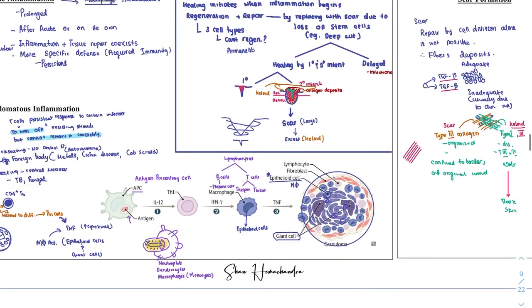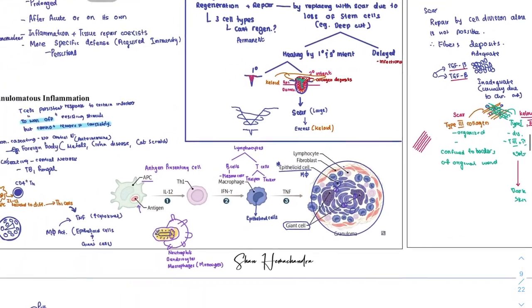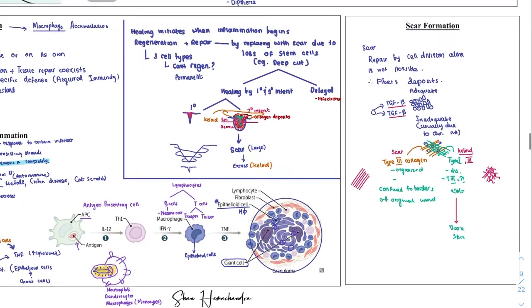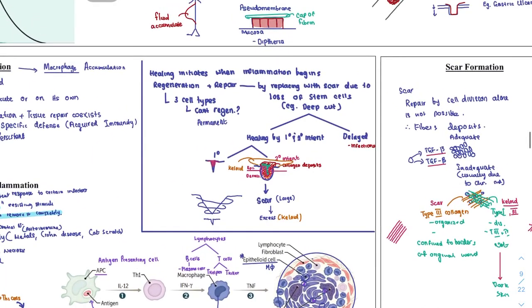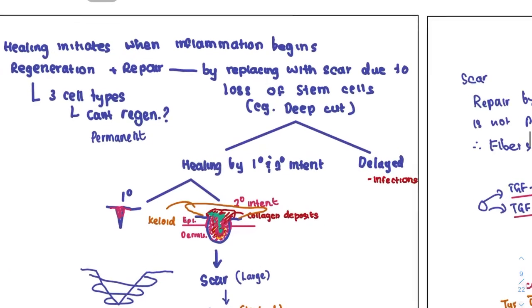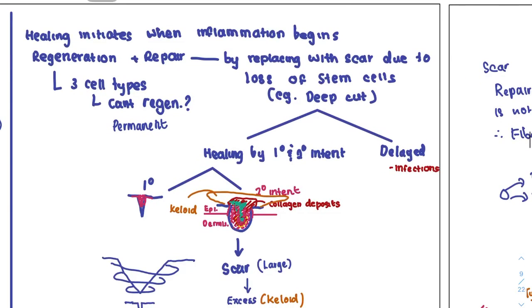Now, healing. Healing initiates immediately with inflammation, because substances like fibrinogen all come to try to repair the damage. Healing occurs by two methods: regeneration and repair. Cells are of three types, but one type, permanent cells, cannot regenerate.